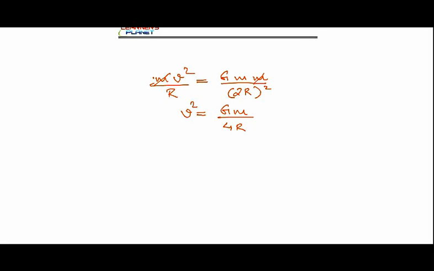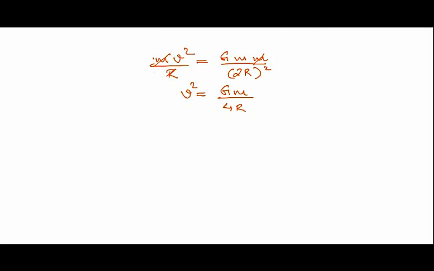So the centripetal force is mv square by r, where the radius is simply r. This will be equal to GMM, as the mass of both the bodies is the same and the distance between the two is 2r, and that is squared. So this m will go away with this m. What do we get? v square will be equal to GM upon 4r.